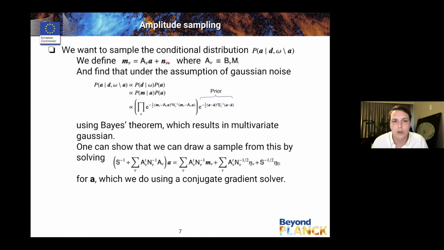And if we assume that this is Gaussian noise, we can show through Bayes' rule that this is the distribution that we would like to sample from. And we also see that this is in fact a multivariate Gaussian. And from doing the math here, I won't show you that, but if you're interested, you can look it up. It's explicitly derived in the BeyondPlanck 01 paper. We see that we can draw a sample by solving for A here. And we do this using a conjugate gradient solver within Commander.